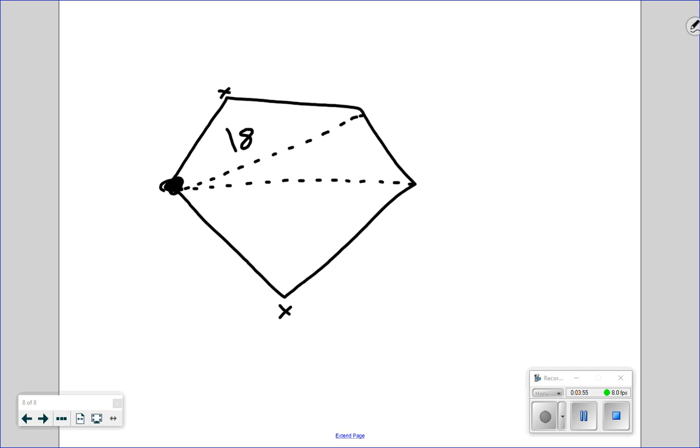Each of these triangles has an angle sum of 180 degrees. So when I combine these angles for each of these triangles, I have a sum of 180 degrees. This smaller triangle has a sum of 180 degrees.